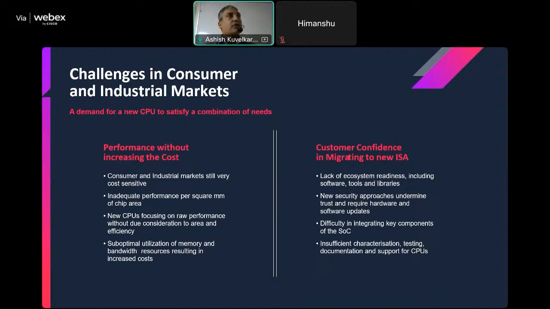Area drives most of the cost of silicon. And then, of course, there is the efficiency with regards to power and maybe performance, at least in the consumer world, that's the last of the considerations. Since you're talking about area, you want to extract maximum performance per millimeter square of area on silicon.